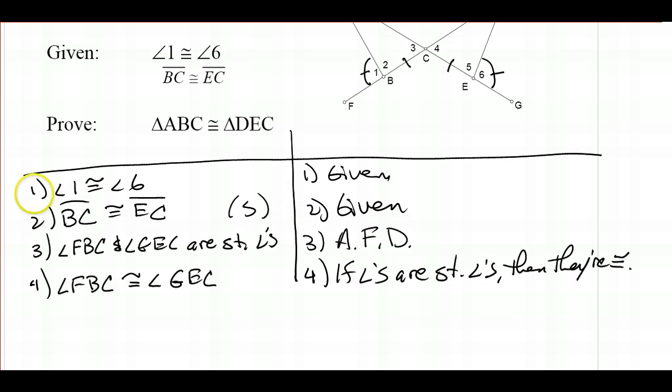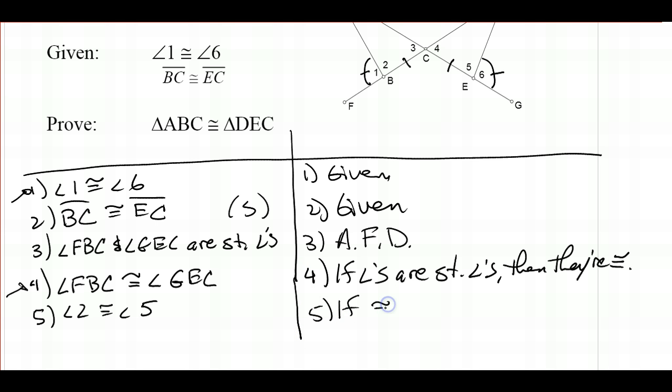And now I can subtract the angles in step 1 from the straight angles to get angle 2 congruent to angle 5. Again, you can use supplements if you want to. I just prefer to use subtraction.